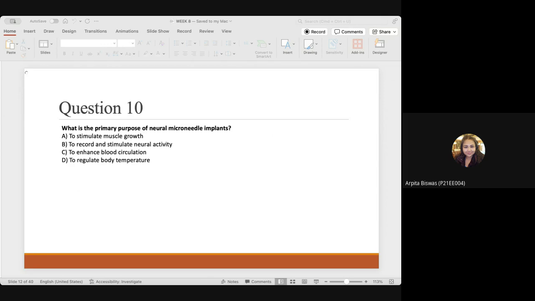Question 10: what is the primary purpose of a neural microneedle implant? First option is to stimulate muscle growth. Second, to record and stimulate neural activity. Option C, to enhance body circulation. Option D, to regulate body temperature.